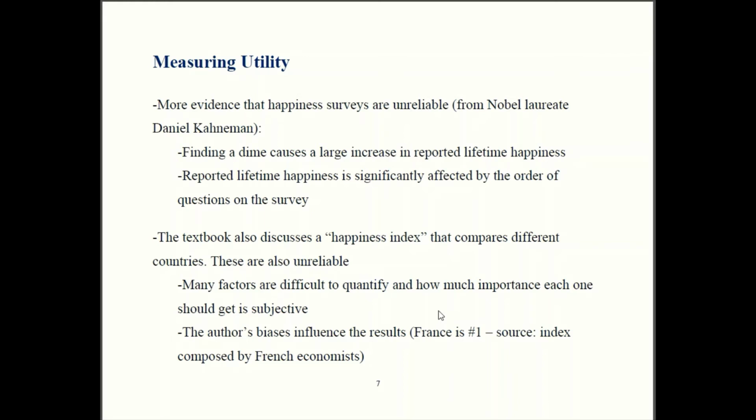So what they probably did is, consciously or unconsciously, it might not have been deliberate, they set up their index with weights in such a way that their preferred country came out on top. So a lot of these alternatives to GDP that try to incorporate happiness and other factors are biased and not reliable, and happiness surveys are also very unreliable. Your book talks about them, but just ignore that part.